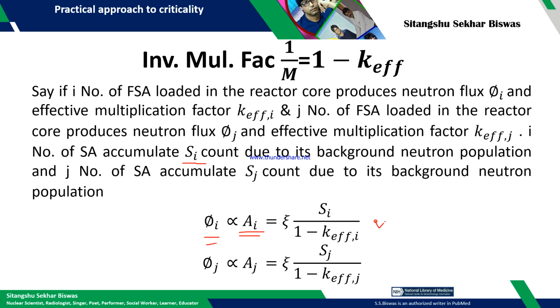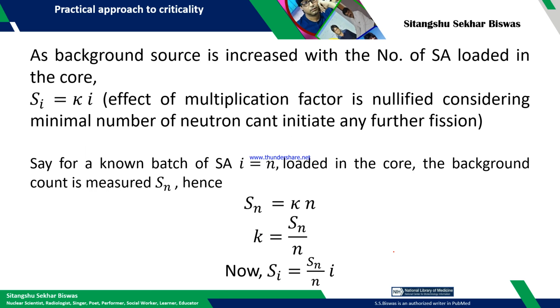So this is given by this, and if J number of subassemblies is loaded, it is given by this. It's very simple. Now we have to estimate several constants which we introduced in the previous equation to plot the curve.